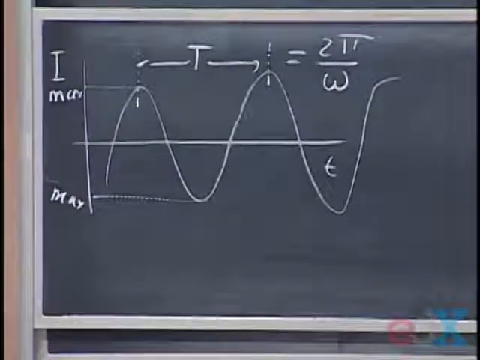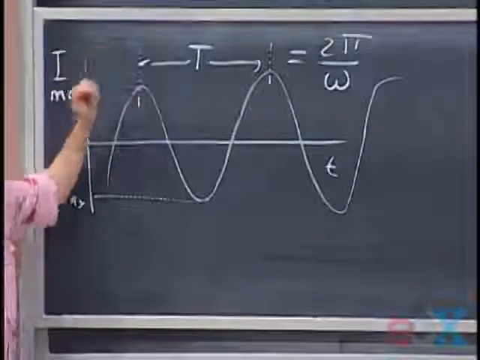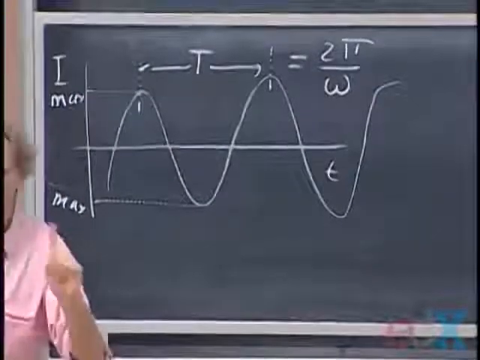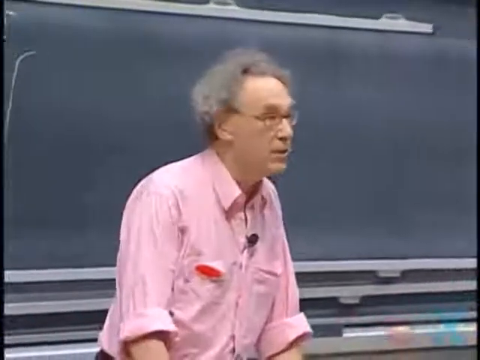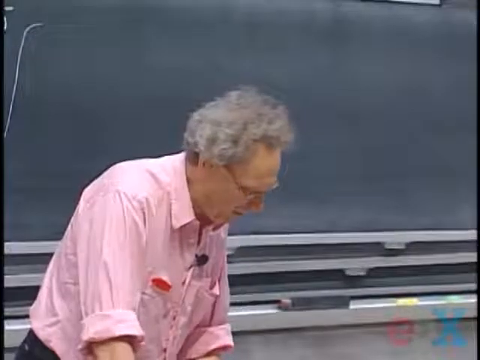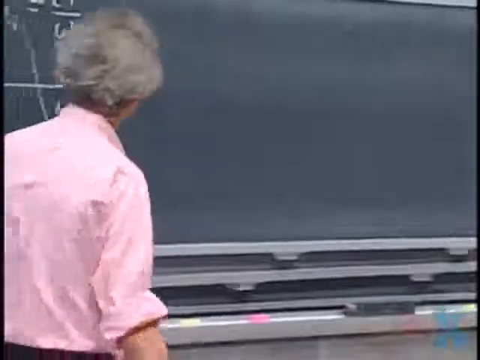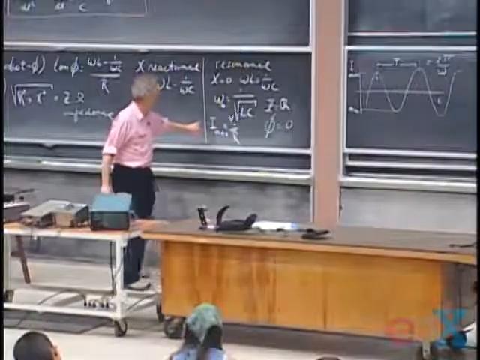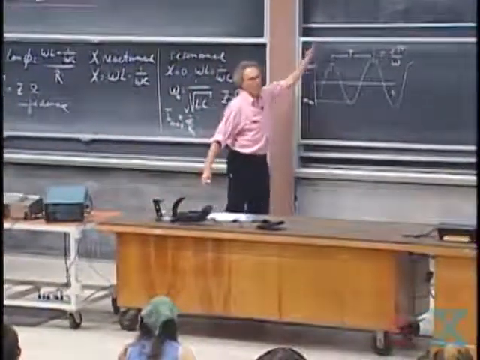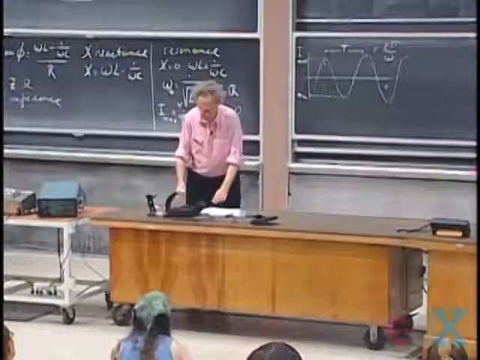So if Z is very low, then this will be high. If Z is very high, this will be low, and there is only one value of Z for which the system is at resonance, and that is when the self-inductance and the capacitor eat each other up, and then you get the maximum possible value for the current, which is V0 over R. And that's the highest value that you could ever get.